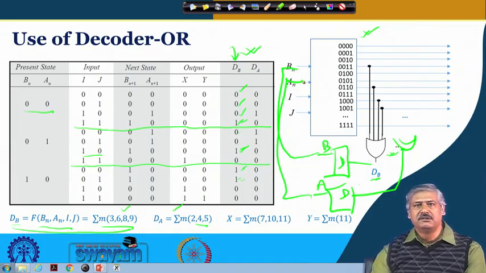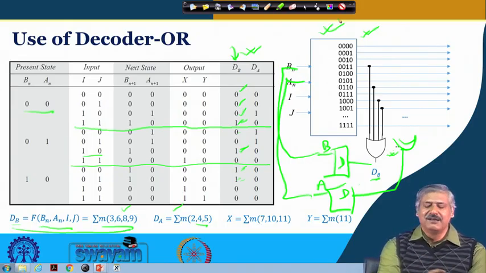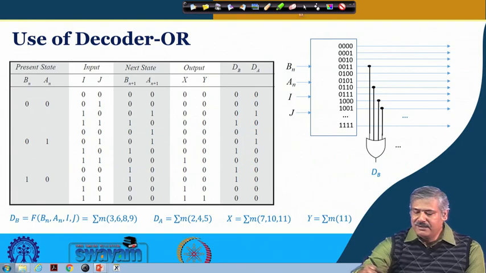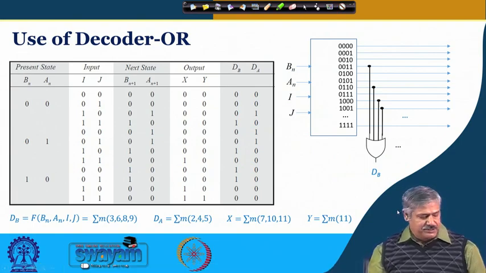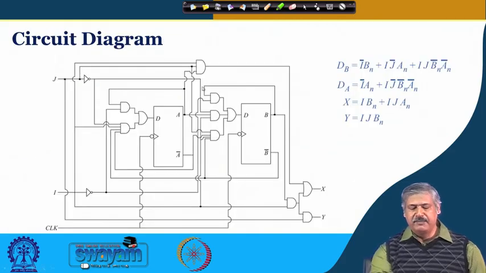Is it fine? Right? So, this is the way you can design the circuit. This is the combinatorial part of the circuit that you had seen, which got designed by these design equations and is represented in this manner.